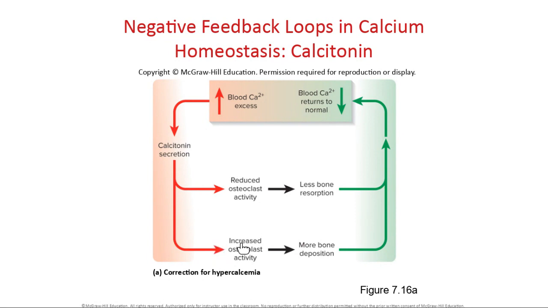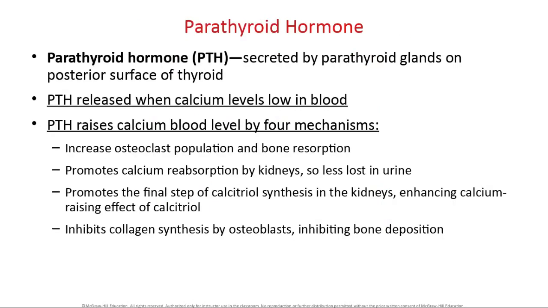The second effect is the opposite effect on our other cell, the osteoblast. We're going to have increased osteoblast activity, which leads to an increase in bone deposition. So these two actions together will lead to a drop in blood calcium.